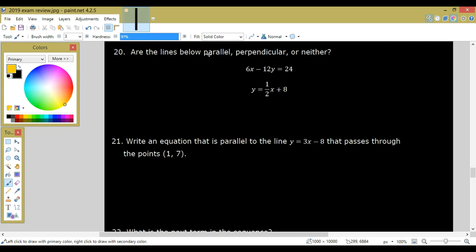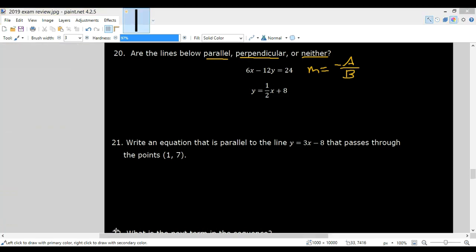Number 20. Are the lines below parallel, perpendicular, or neither? So we want to find the slope of both of these. To find the slope of a standard form equation, it's -a over b. Now you find a and b from the standard form equation.